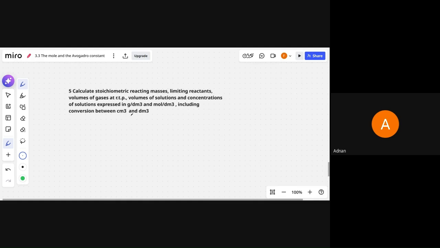We have already talked about this. If a value is in cm cubed and you have to convert it into dm cubed, you divide it by 1,000. And if a value is in dm cubed and you have to convert it into cm cubed or milliliters, remember that 1 milliliter is the same as 1 centimeter cubed.